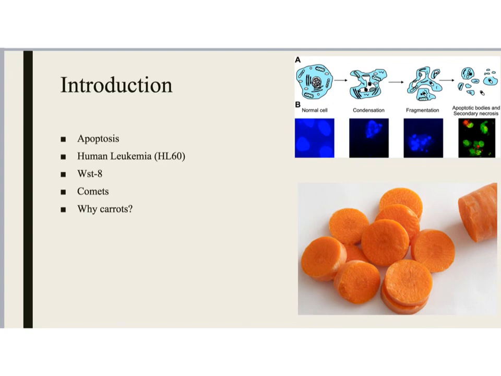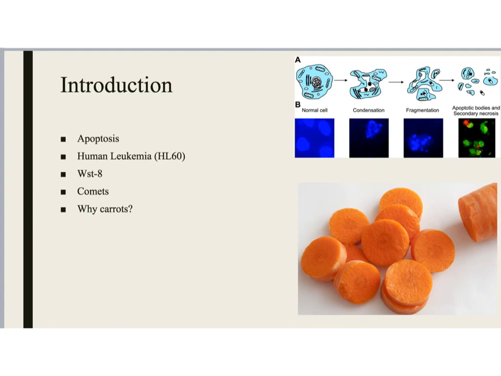To the right, you can see this photo, and it has the normal cell, what it should look like, and it has different stages of apoptosis that a cell could go through. And if you see at the end, it says necrosis, and that is bad. You don't want that in your cell because it's a cell death that is triggered by an external factor or disease such as trauma.